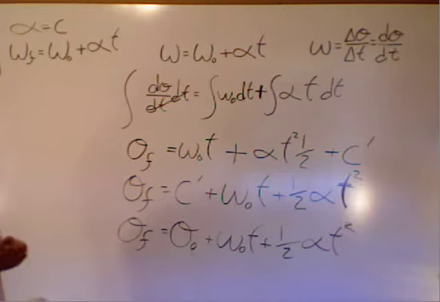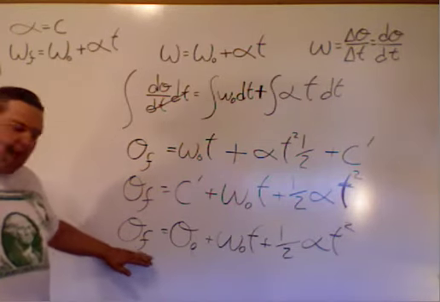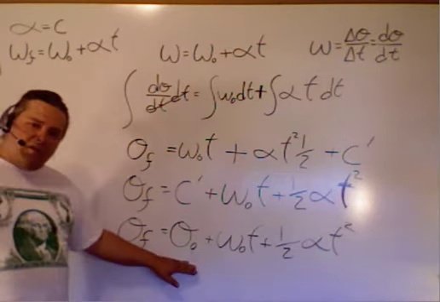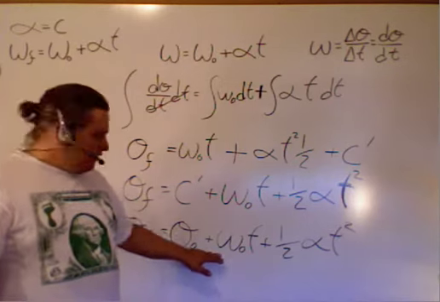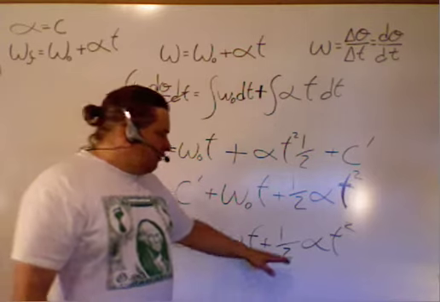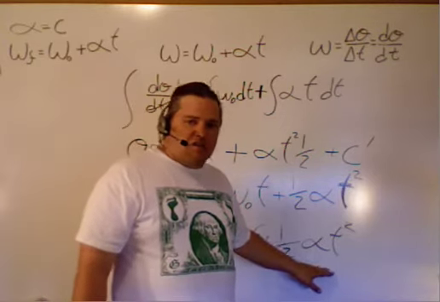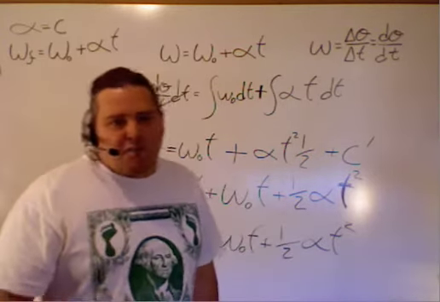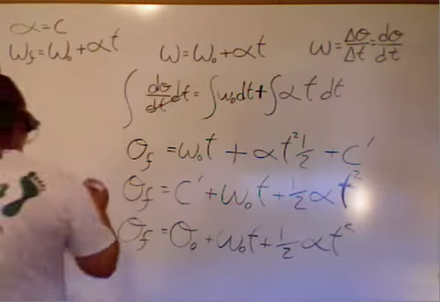So that's my final equation. My angle final is equal to my angle initial plus my angular velocity initial times time plus 1/2 my angular acceleration times time squared. That's my third equation.